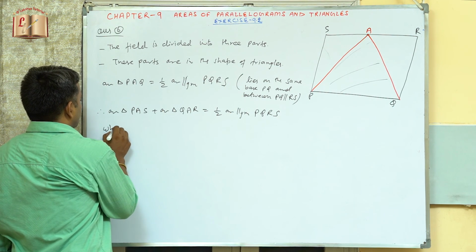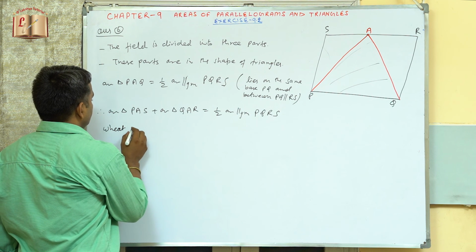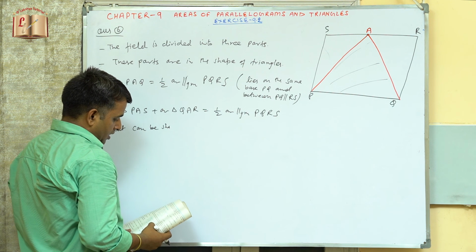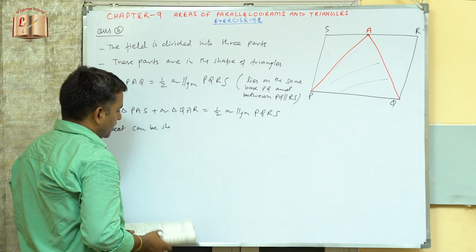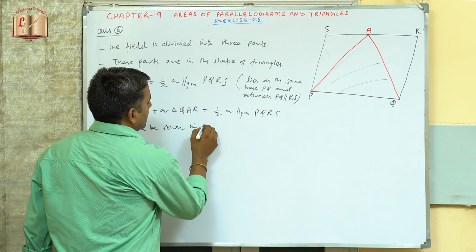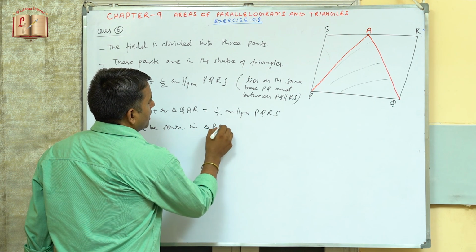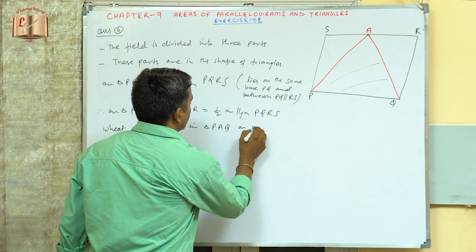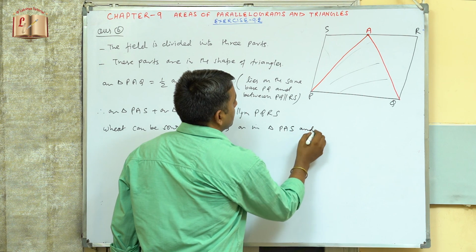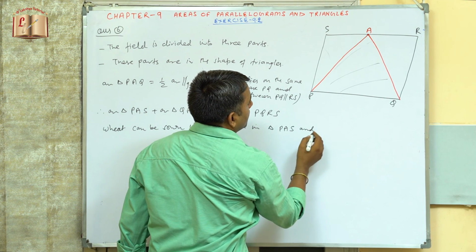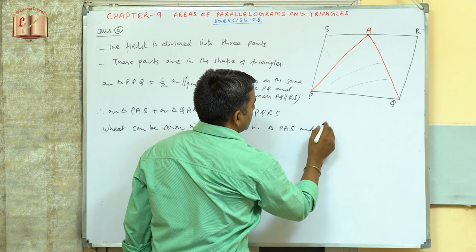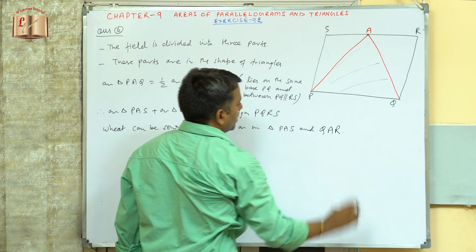So wheat can be sown in triangle PAQ, or in triangle PAS and QAR.